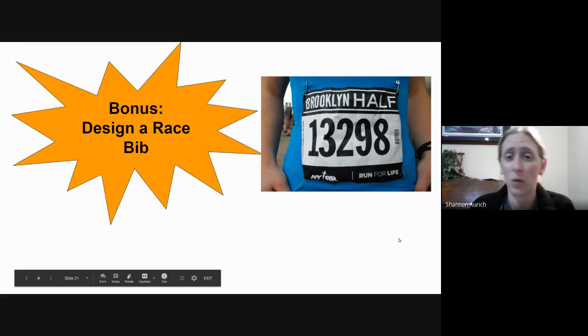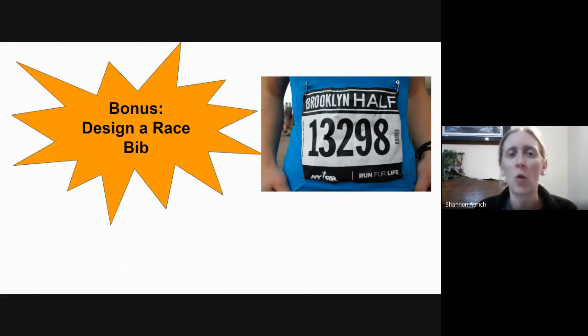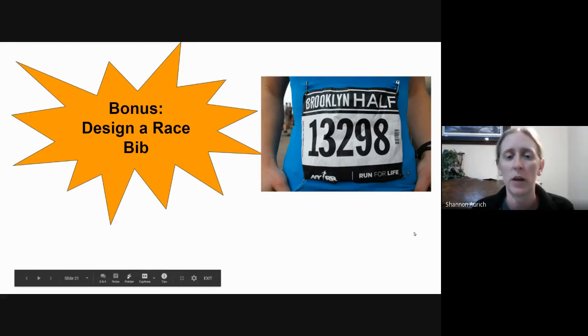I didn't wear it because I didn't want to, but put it on your wall. Or you could even draw one. If you don't want to use the computer program, you don't have to. You can take out your markers, colored pencils, crayons, whatever, and make one as well.